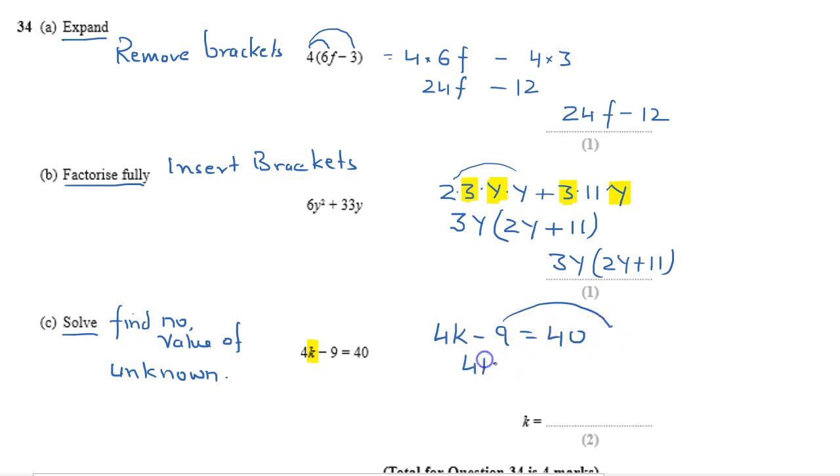So I can write 4k is equal to 40 plus 9, that is 49. Now how to remove this 4? We divide by 4. So this 4 will cancel. The k will be 49 divided by 4.